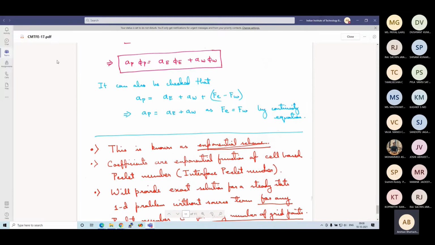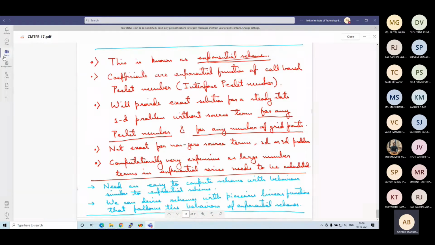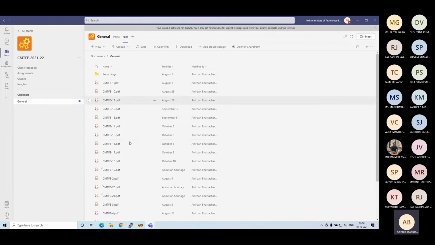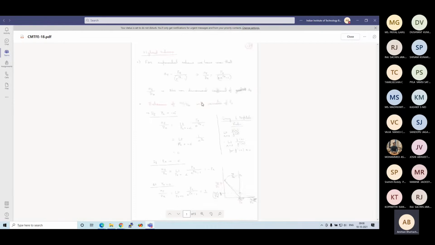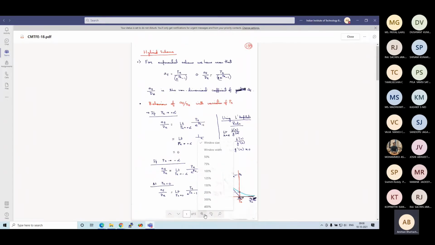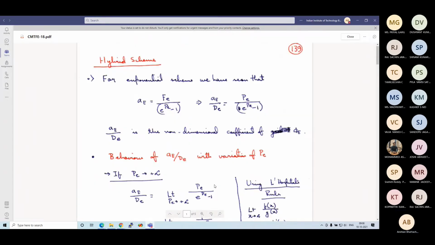After that, in the previous class, we looked at two more schemes to round off this chapter, which were known as the hybrid scheme and the power law scheme. For both these schemes, the idea was that we will try to mimic the exponential scheme in behavior, but without using any exponential term.